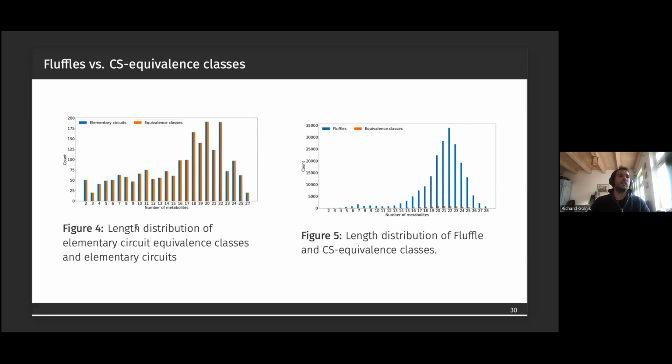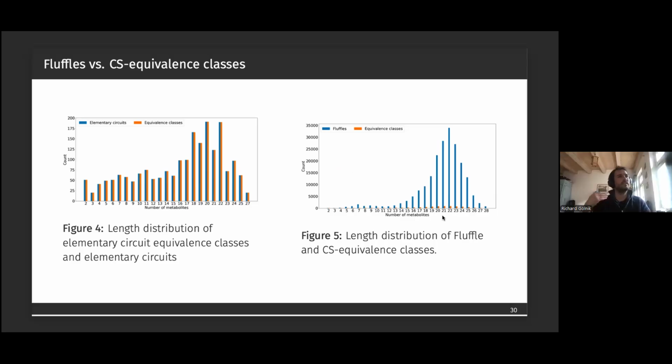The only case when this is not identical is when one has some kind of type 5 autocatalytic core, because then there are two spanning elementary circuits, and then just one is enough. But if one compares how many fluffle equivalence classes in contrast to child selection equivalence classes had to be enumerated, then there is a clear difference.